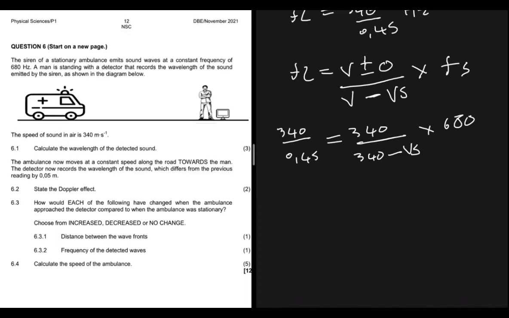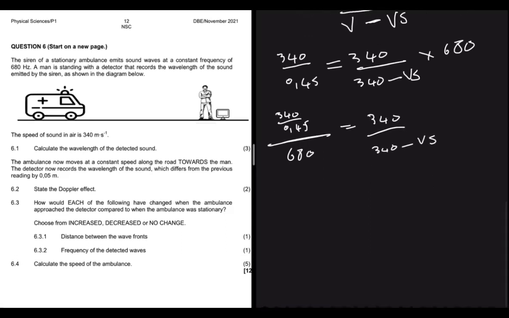The way I'm going to solve it, I'm going to divide both sides by 680, right? So I'm going to have 340 divided by 0.45, and then everything divided by 680. If I divide by 680 on the right hand side, that 680 is going to get cancelled out. So now we're going to have 340 divided by 340 minus the velocity of the source.